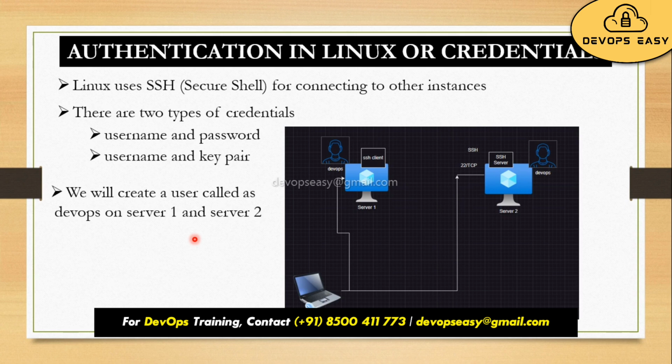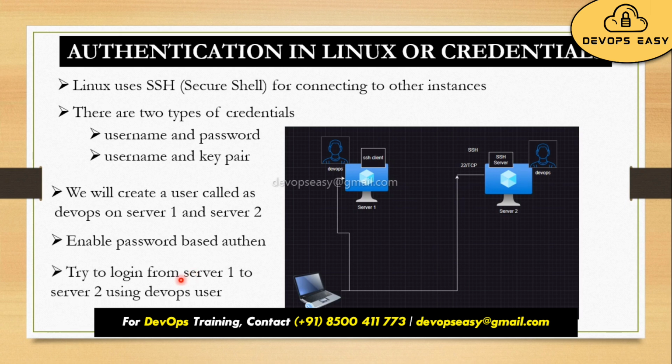I have created users for developers depending upon the requirement in the Linux operating system. And we need to enable password based authentication. By default, password based authentication is disabled in the AWS cloud. Why? I will show you practically, then you will understand. Then I will check from server 1 to server 2 whether login is successful or not.